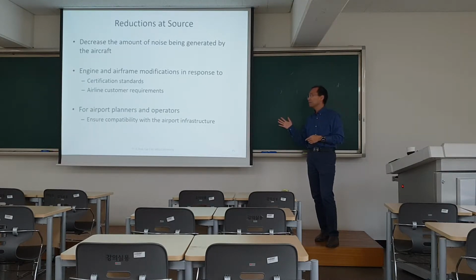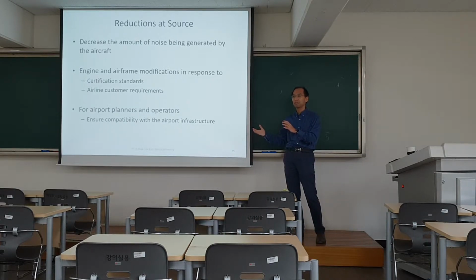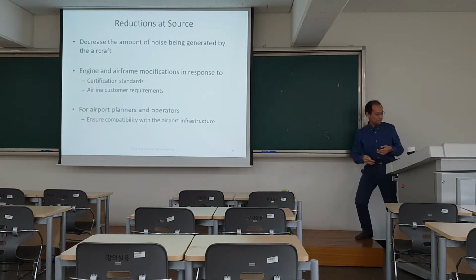So they can pressure the airlines to switch to quieter airplanes by making the fee structure such that there is a big discount for quiet airplanes and a high penalty for loud airplanes. And then the airlines will calculate their balance sheet and they might switch to the quieter airplane.